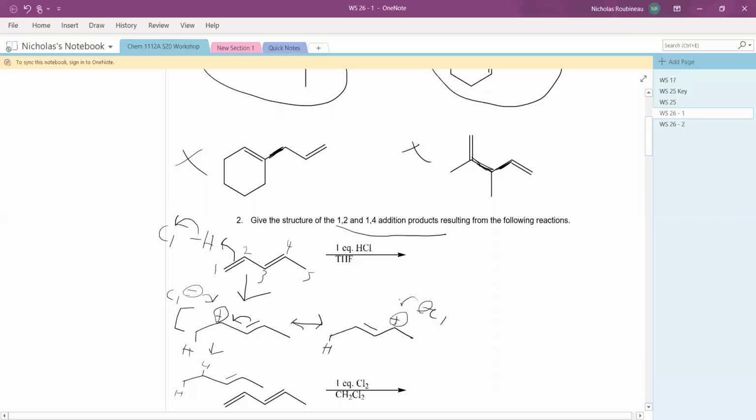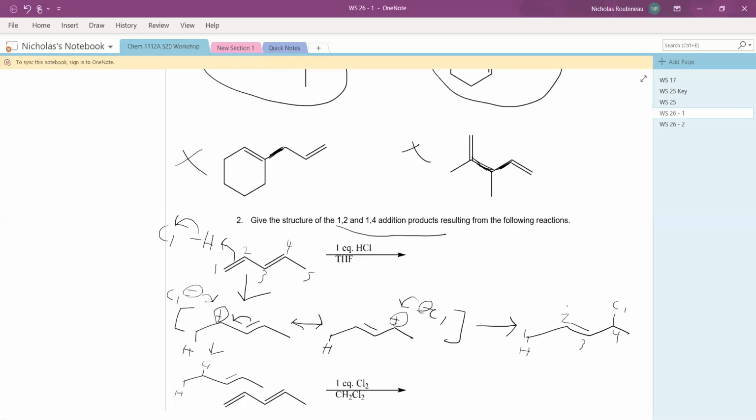And now the chlorine would attack that and lead to this. So the hydrogen was attached to carbon number 1, and then the chlorine was attached to carbon number 4, so that's the 1,4 product. So hopefully you guys remember that from earlier.